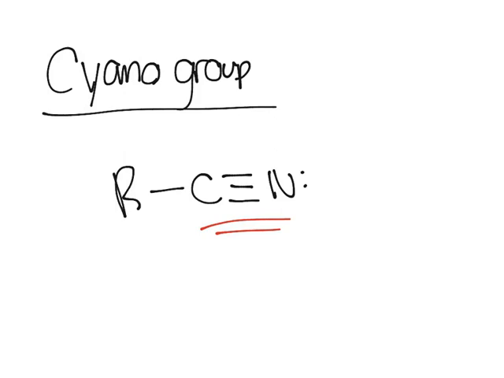If it helps you remember it better, the C triple bond N is also found in cyanide, which is a highly toxic substance that was also in the James Bond movie, if you guys watched that. That pretty much summarizes the functional groups.